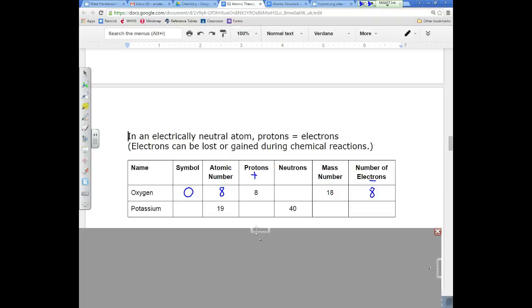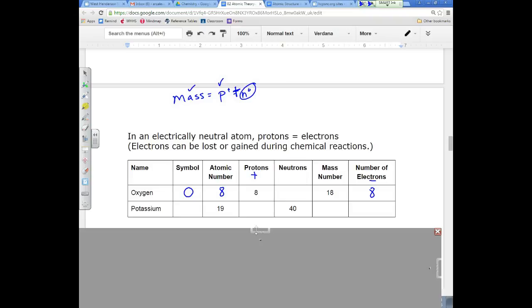Now, we need to figure out the number of neutrons for oxygen. So what we're going to do is we know that mass is equal to protons plus neutrons. That's supposed to be a plus sign. All right. So if I have the mass and I have the number of protons, I can figure out the number of neutrons.